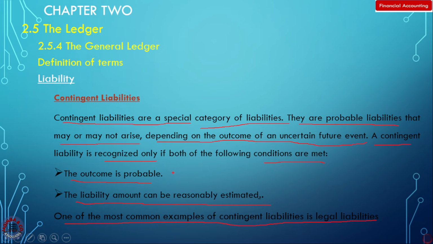You record in your books of account the contingent asset. But if you know that you will lose, and you also know that when you lose, you'll be paying this amount, you should record that in your books as a contingent liability, because you know the amount you lose, and you know that you must lose this case. So that's the explanation of a contingent liability from the perspective of a legal case.